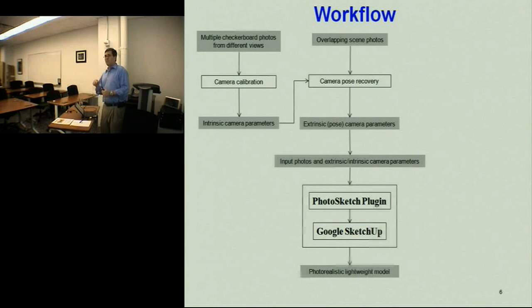And then those input photos, as well as the intrinsic camera parameters that we found through camera calibration, and the extrinsic camera parameters that we found through camera pose recovery, all get inputted into the PhotoSketch plugin, which then helps create the lightweight photorealistic model.